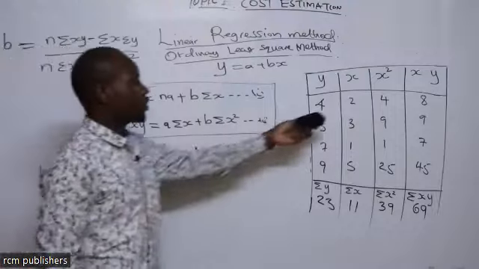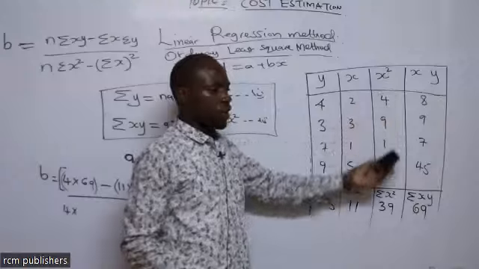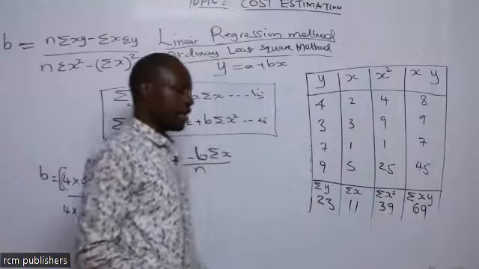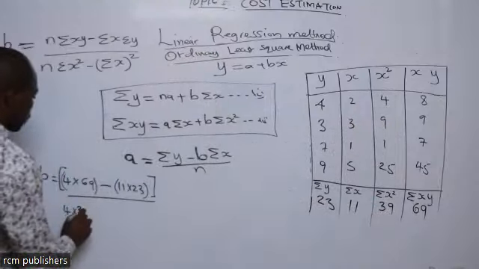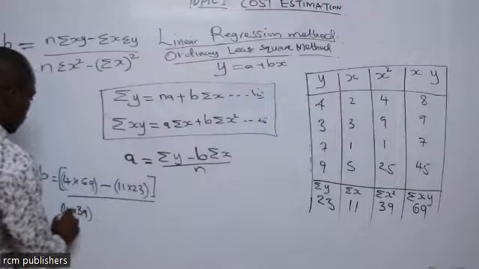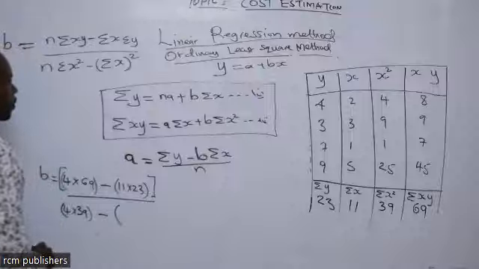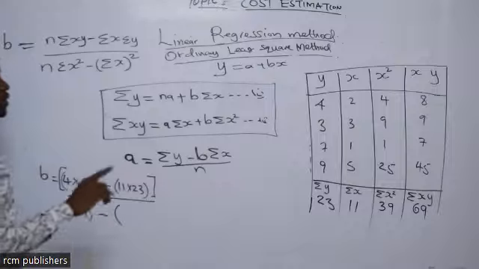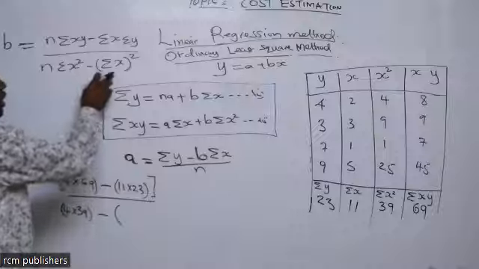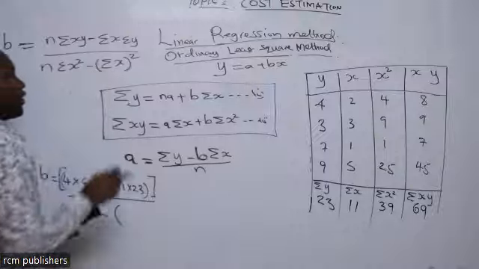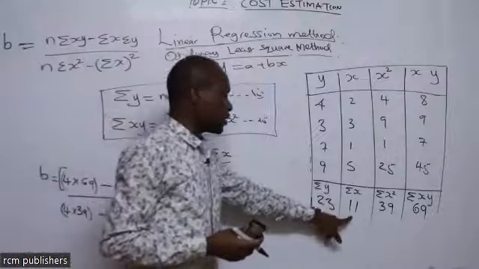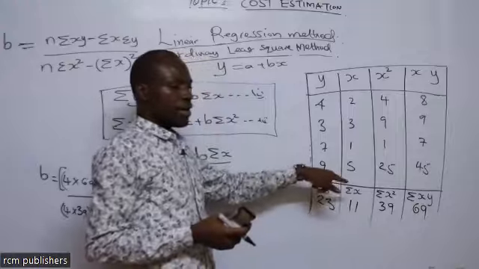We now come to this column of x squared. The total is 39. We multiply by 4. Then minus summation of x, all squared. And this is the x squared we are referring to. They are taking this summation of x and squaring that particular value.